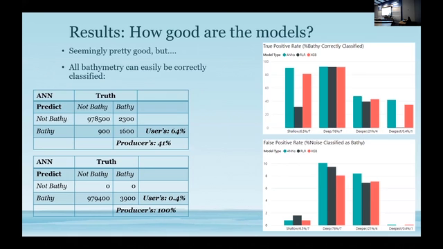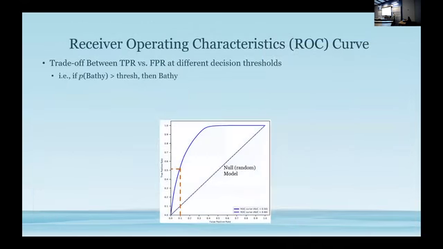How many did I correctly label as bathymetry? Well, 100% of them. But of course, I'm going to hand you 1,000,000 points, and say, this is my classification, there they are, they're all bathymetry. And you're going to say, yeah, but what percent are actually bathymetry? Well, 0.4%. So the things that I showed earlier are a bit misleading.